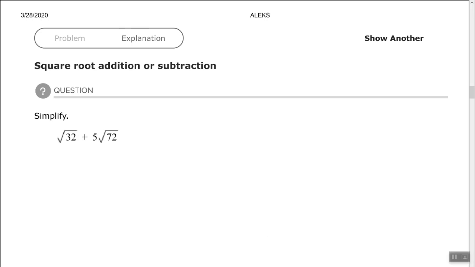All right, so 32, and remember, if you don't like the form of finding the largest perfect square, remember to use your prime factorization to simplify those radicals. 16 times 2 is 32. The largest perfect square that'll go into 72: 9 will go into it, but there's something a little bit larger that'll go into it, which is 36. Another perfect square is 36.